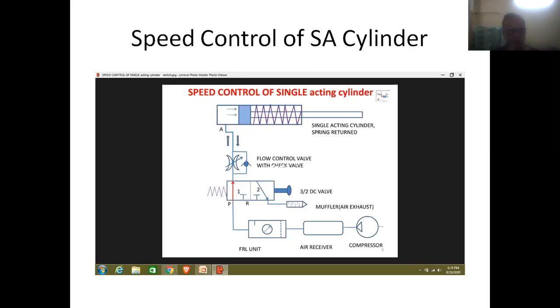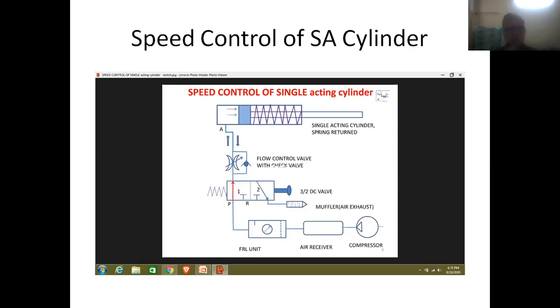So this is the arrangement of these pipelines used for conveying fluid from the DC valve into the air cylinder, and also from the air cylinder into the DC valve.